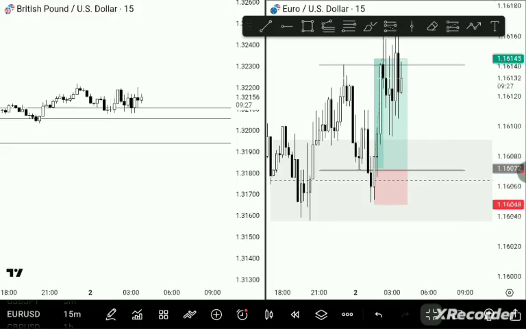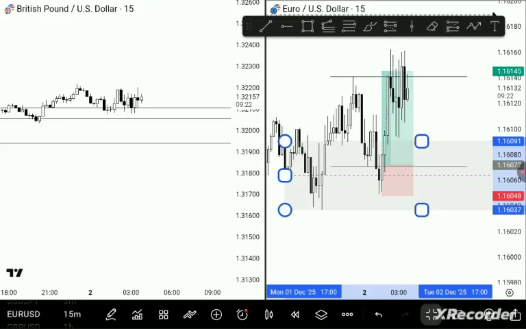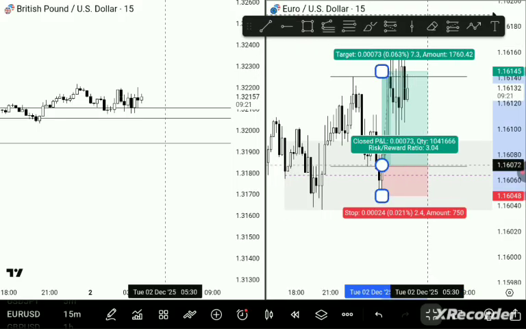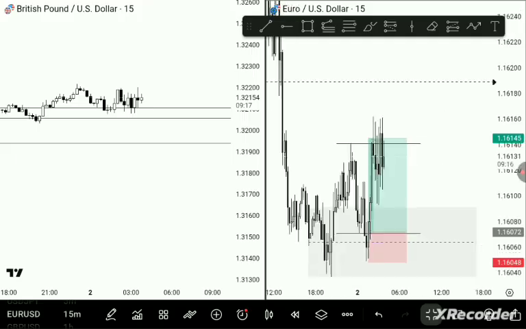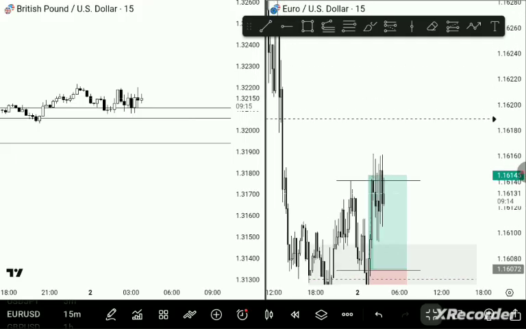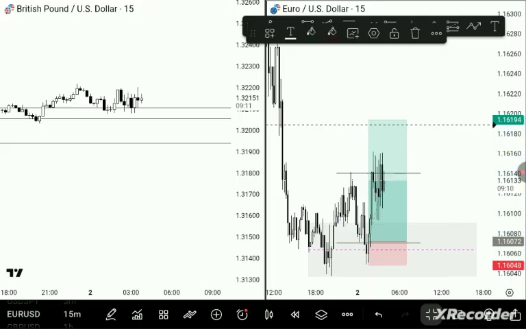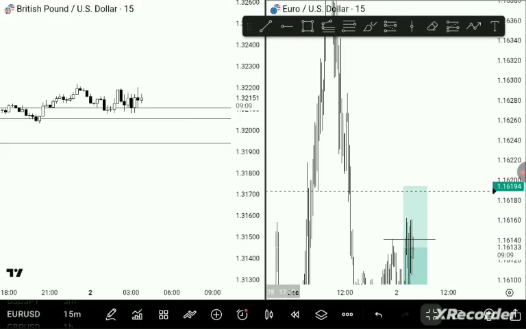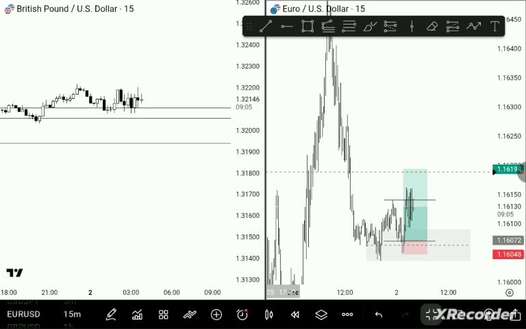And your target would generally be a 1:3. You can see it was a 1:3. Yes, there's a possibility to keep on holding, since the draw on liquidity exists in the far buy side, and so that's how it is. That is the outlook, guys.